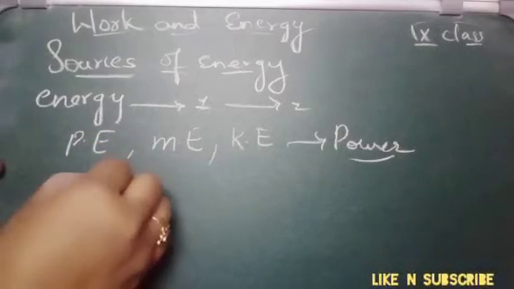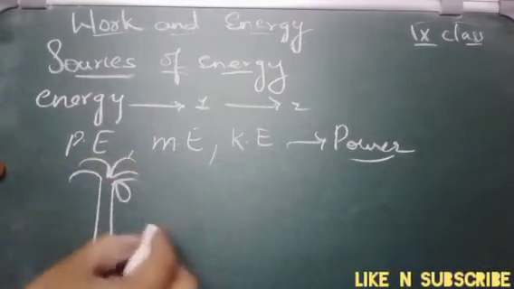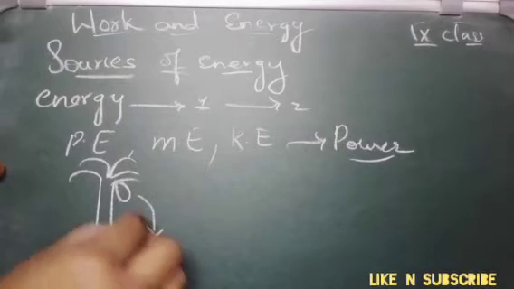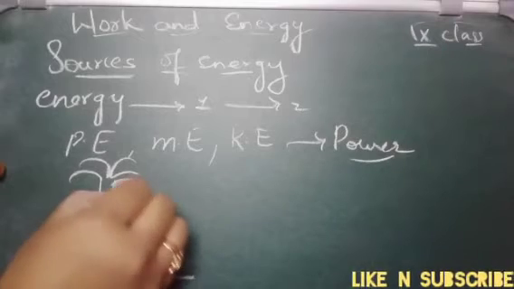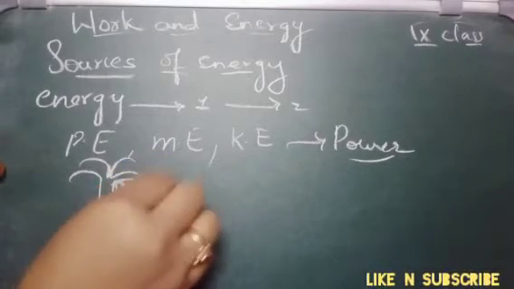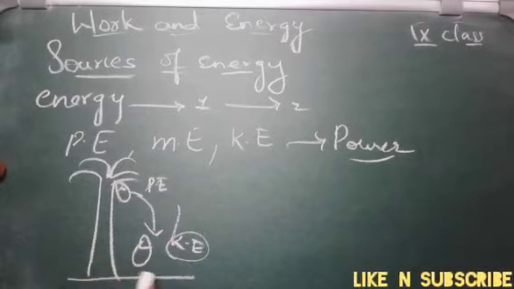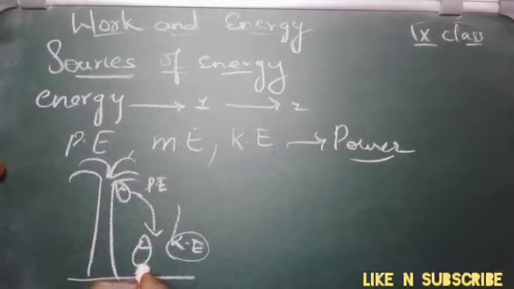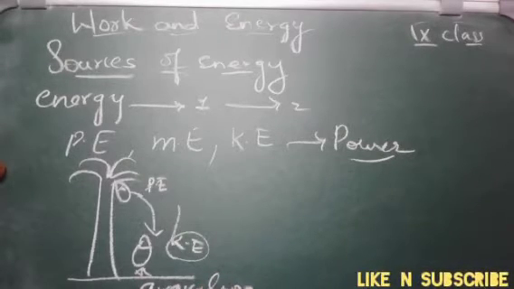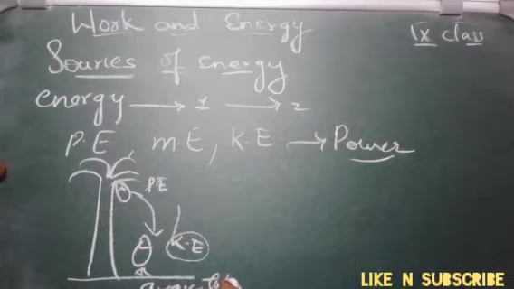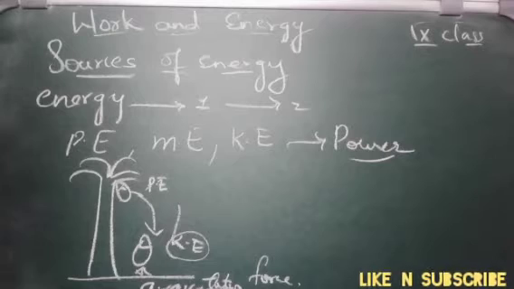When the coconut is falling from the tree down to the ground, the potential energy is getting converted into kinetic energy, and the source is nothing but the gravitation force.